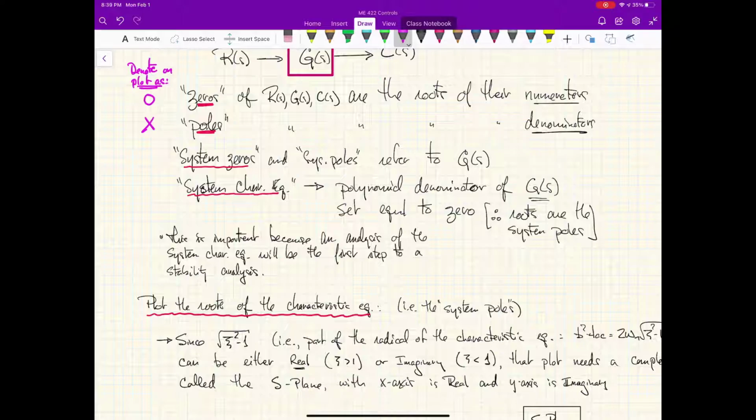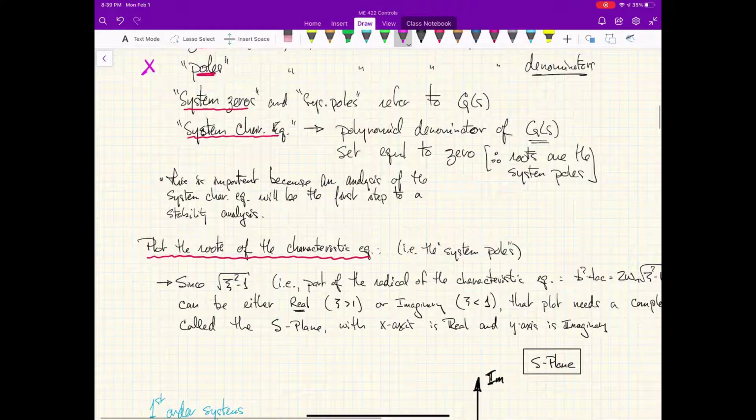All this is important because the analysis of the system characteristic equation and its zeros and poles are going to be the first step to our stability analysis. All right. So far, so good, right? We've defined stability for both a first order and second order system in terms of stable, unstable, and marginally stable.